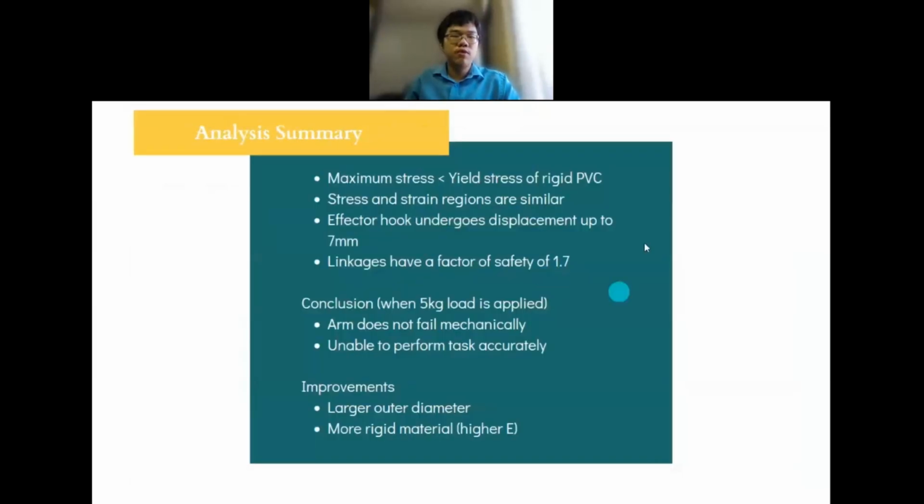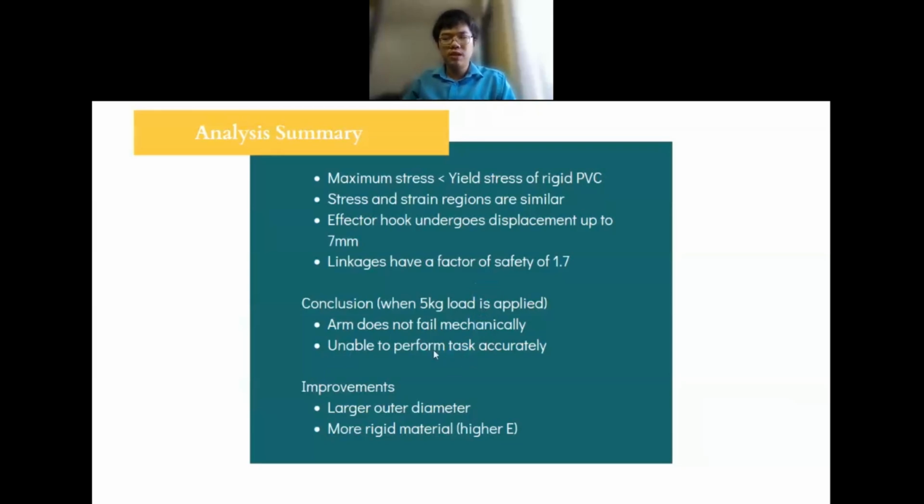From the analysis, we can conclude that the arm would not fail mechanically, as the maximum stress experienced by the arm does not exceed the yield stress of its material, rigid PVC. But another thing to note is that since the effector hook can undergo a displacement of up to 7 millimeters, which is quite significant, it will not be able to perform the task of moving objects around accurately.